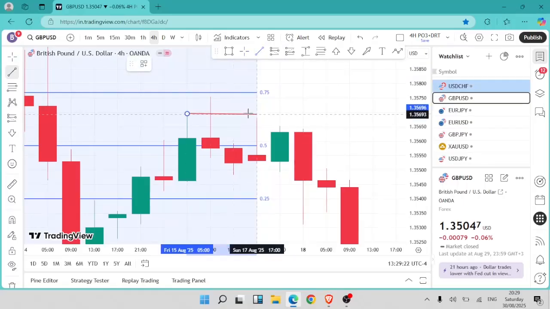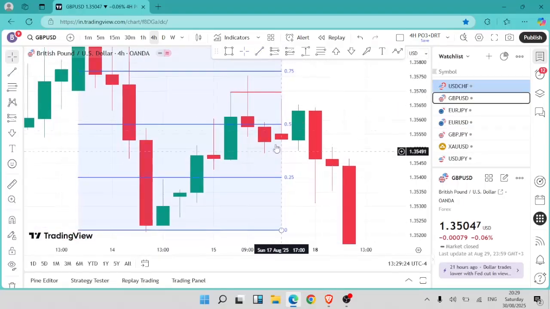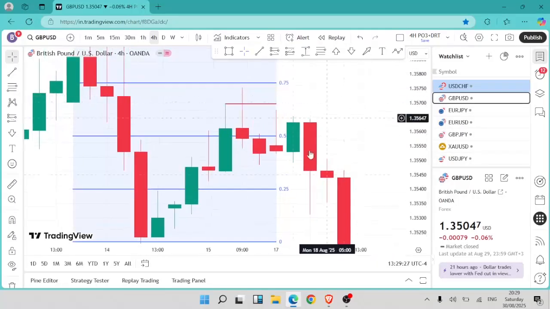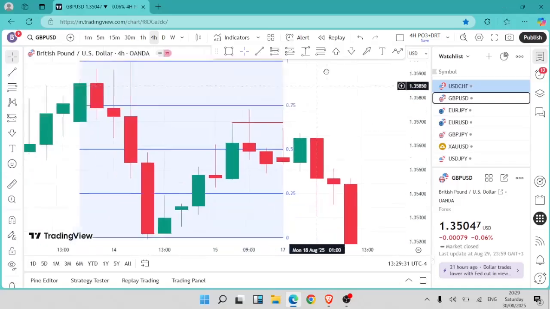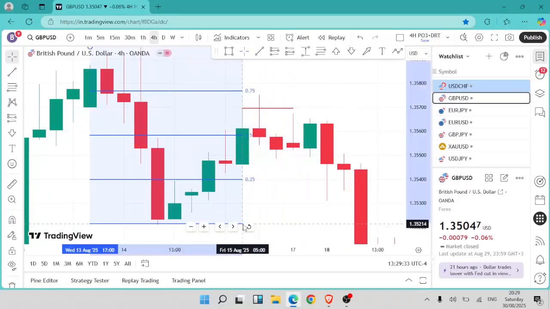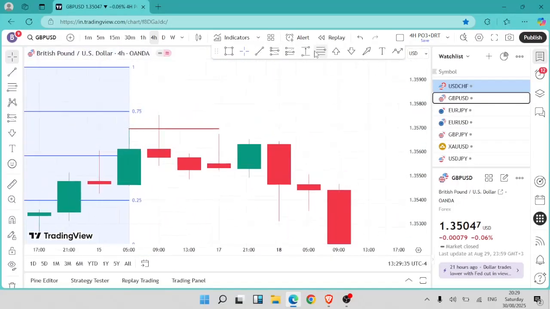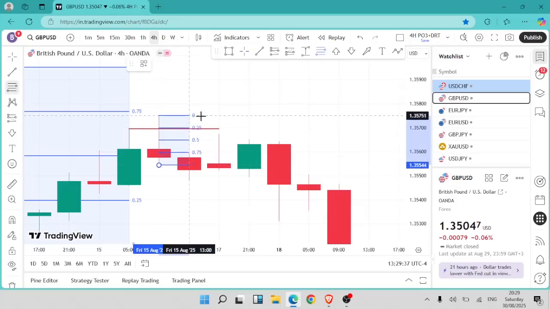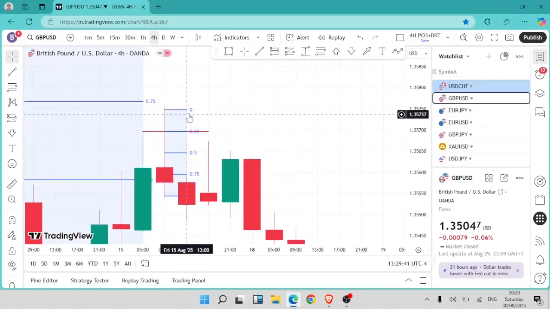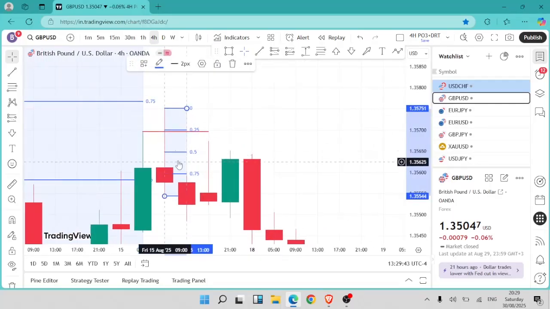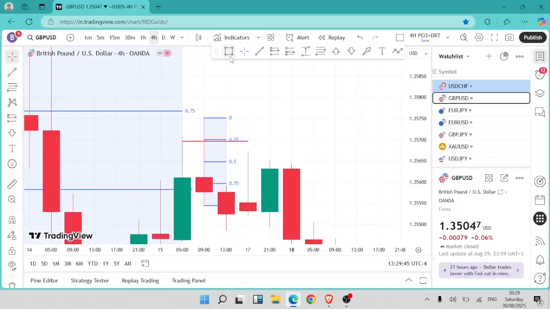And then now you have a dealing range within a dealing range. Good. So with this, now you want price to come to the premium of this dealing range and look for entries.